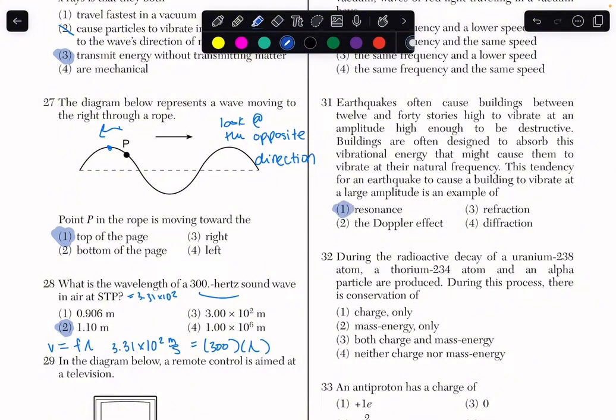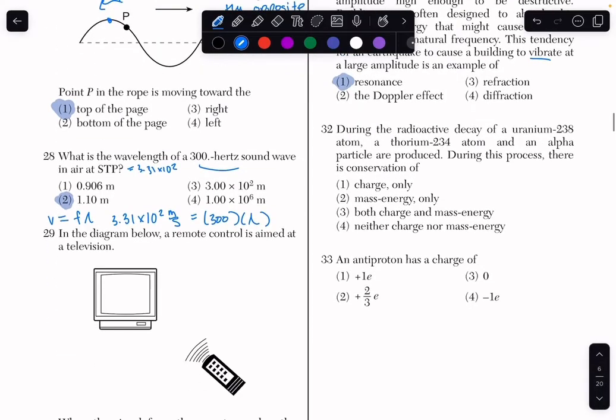When a question mentions vibrations, immediately think resonance, because it's always resonance. Resonance is the vibration, and look at how many times this question says vibrate. The answer is resonance.